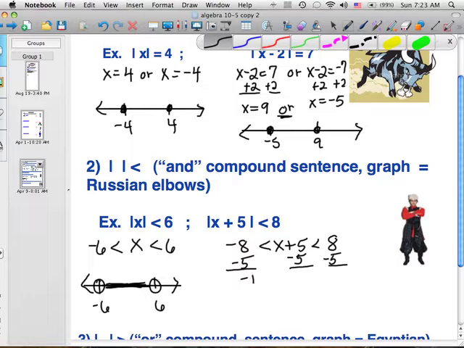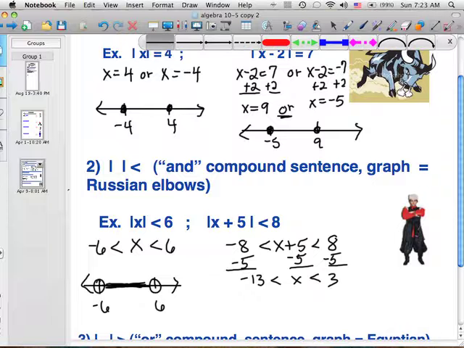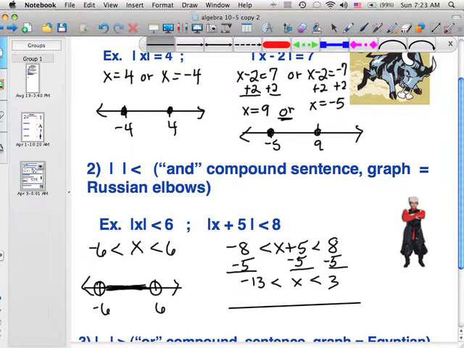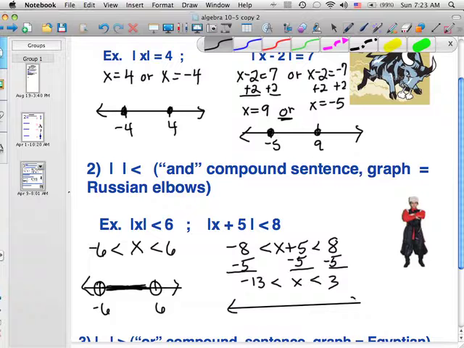And I get negative 13 is less than x is less than 3. Graphing it, I have an open circle at negative 13, open circle at 3, and here's my Russian elbows. You don't get to include them this time. Shaded in between.